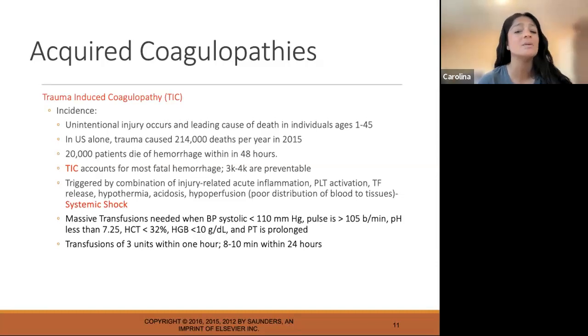The hemoglobin and the hematocrit are going to be key indicators in this particular instance, okay? So if the hemoglobin is lower than 10 and the PT is prolonged, then we know that massive transfusions are needed. This would be transfusions of 3 units within 1 hour, and 8 to 10 units within 24 hours. Okay, so this is a protocol that we must follow in cases where patients are experiencing this severe type of bleeding. And this drop in blood within their body can lead to systemic shock, which is fatal, okay?